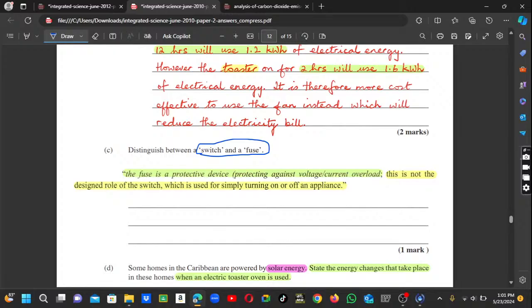It's very precise. So what is the difference between a switch and a fuse? We just need to know how to do this so you can understand what's going on.